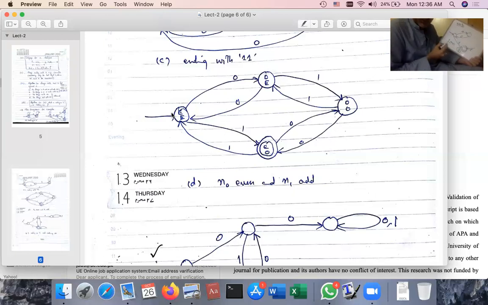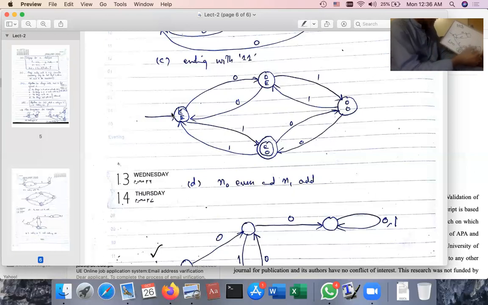And now this one, think over it, 1 0 0. So 1 and then one thing is sure that I can go here 1 and then 0 and 1 0 and then 0 again here, 1 0 0.